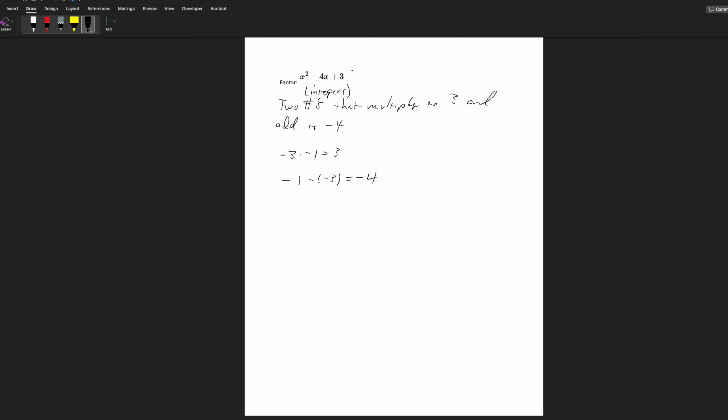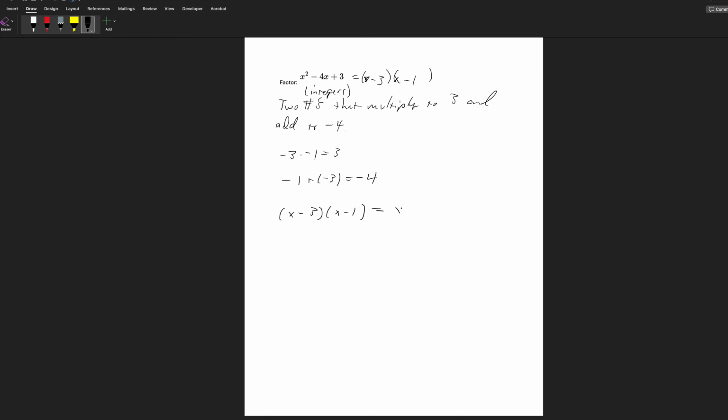So when we factor this into a product of two binomial factors, x goes in the first slot and these two integers will go in the next one. And we could always FOIL, first, outer, inner, last, to check.